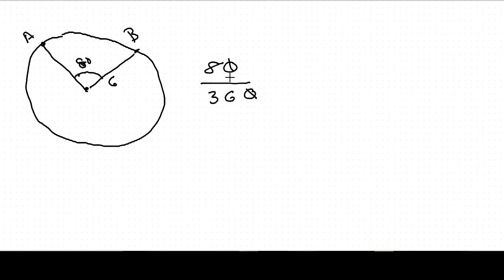What would that be? What number goes into both 8 and 36? 4. So just reduce it by 4. 2, 9. Is that one of them? Reduce it. Which one did you just solve for? Arc length.